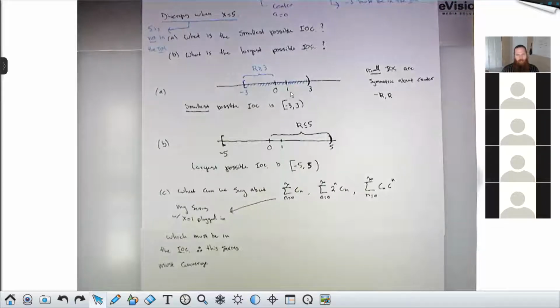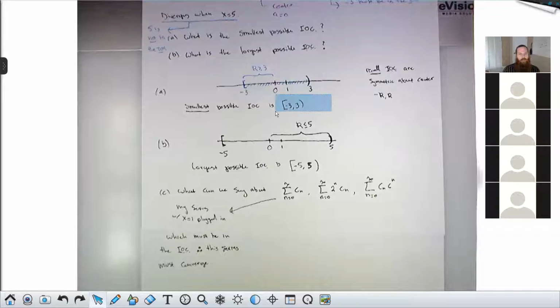So if you're a part of the interval -3 to 3, you're automatically a part of the interval -5 to 5. The idea is, even in the worst possible scenario, where the IOC is as small as it could possibly be, 1 is still inside, which means when you plug in x equals 1, even if things are as bad as they could possibly be, you're still going to get a convergent series when you plug in 1.